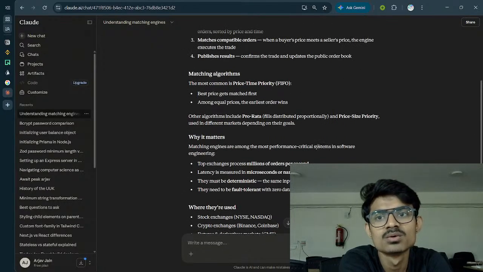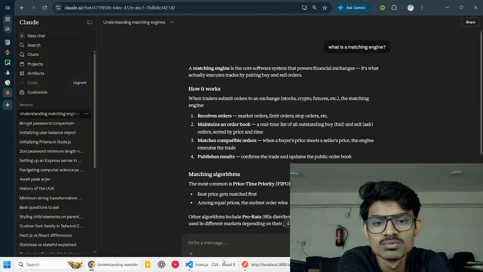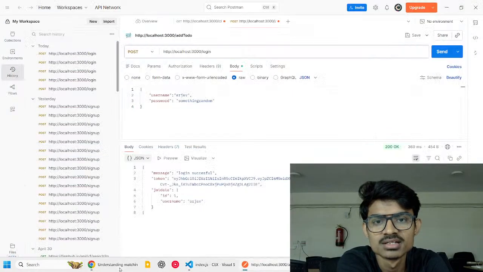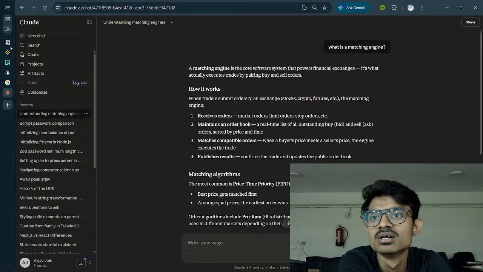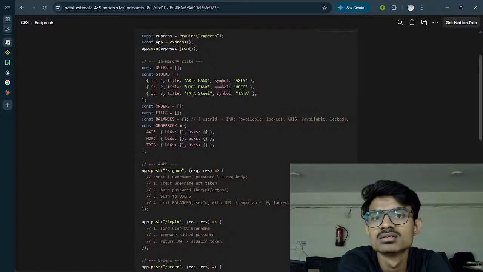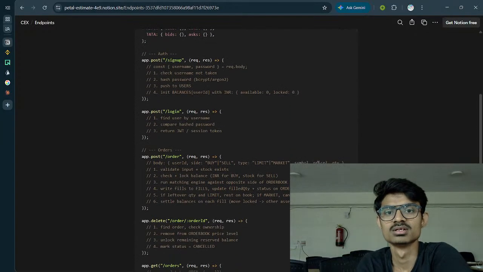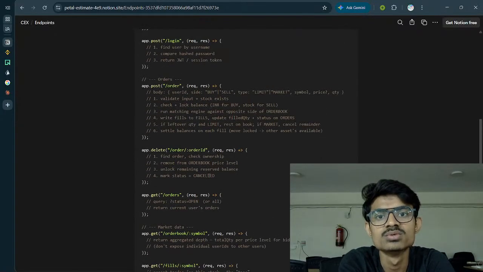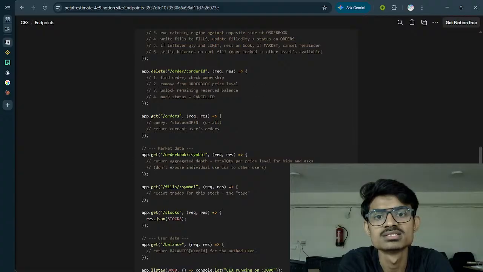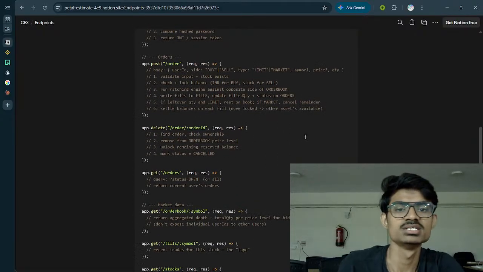Okay, okay, let's matching engine. So the intuition that I'm getting is that in the next class we're actually going to learn this only. In the next few classes we are going to complete these endpoints and understand this matching engine, right?